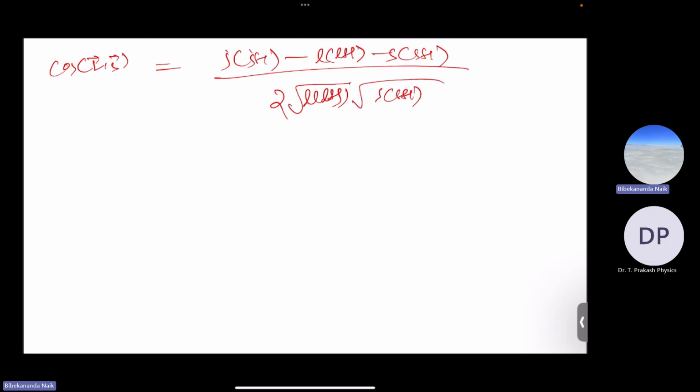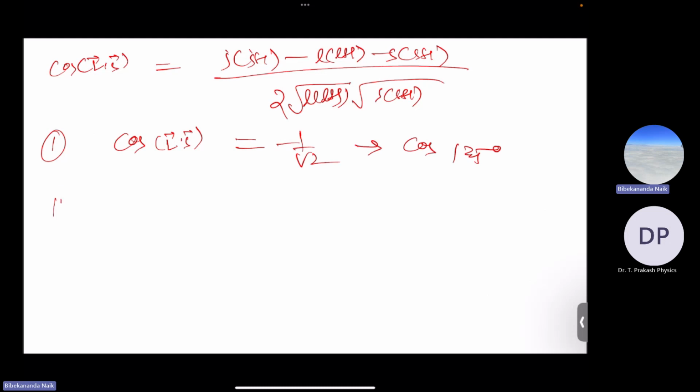If we put all the values, then in the first case cos theta will be minus 1 by root 2, which is equal to cos 135 degree.